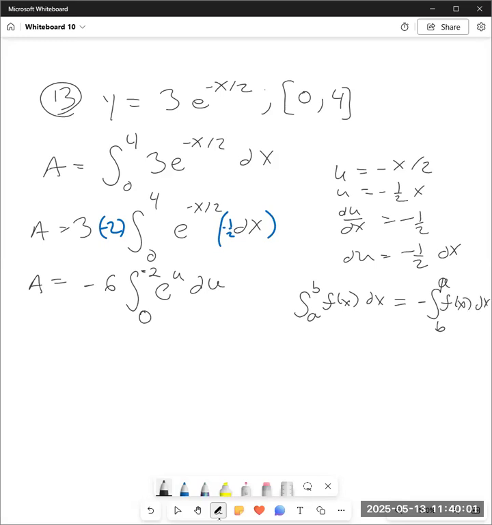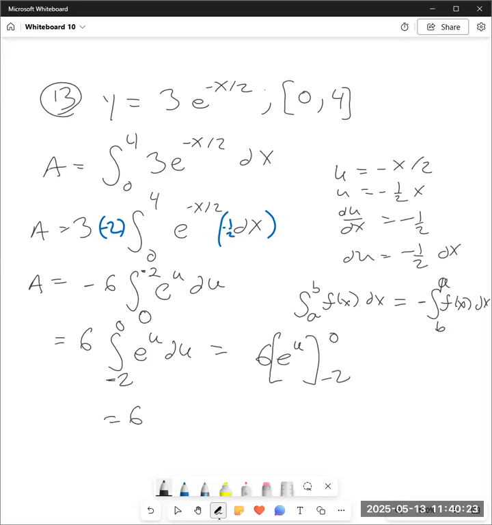And so let's go ahead and do that. The opposite of a negative 6 is a positive 6. We'll make this go from negative 2 to 0, so the integral of e to the u du will be 6e to the u, evaluated from negative 2 to 0.